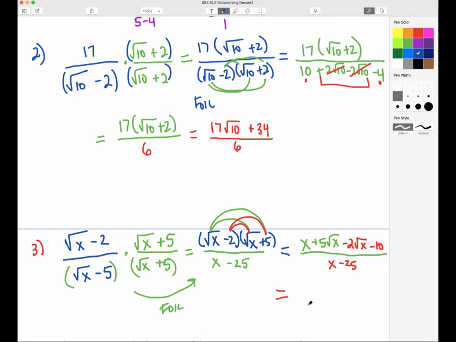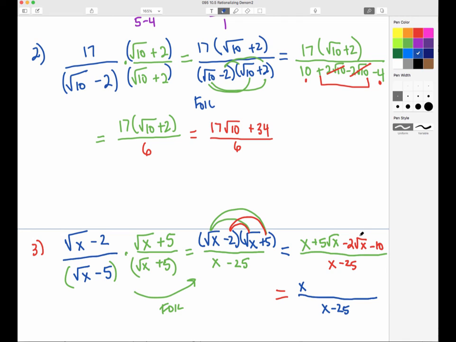Now let's go ahead and simplify our numerator. The denominator, nothing to simplify there, so I'll just keep writing x minus 25. On to our numerator now. I have a plain old x, and I don't see any other x's, so I can't combine my like terms. But the middle terms, those are like.